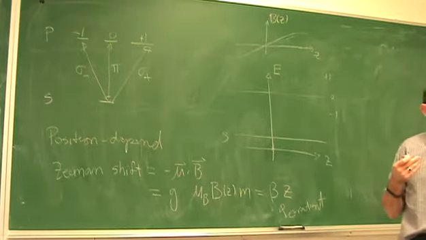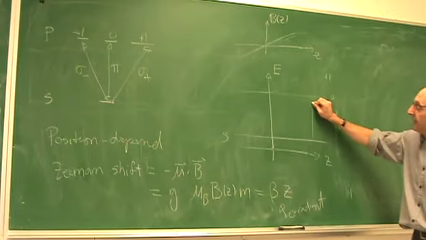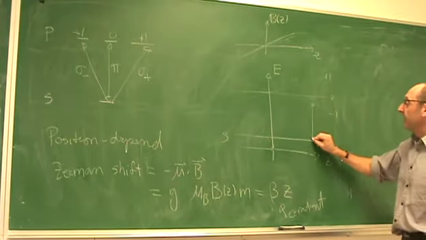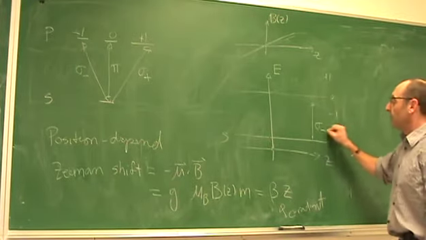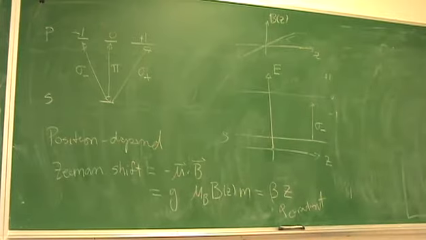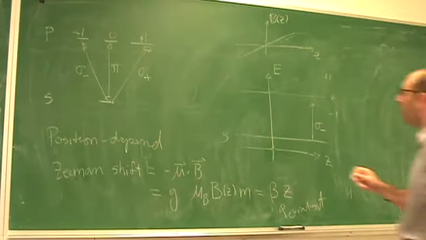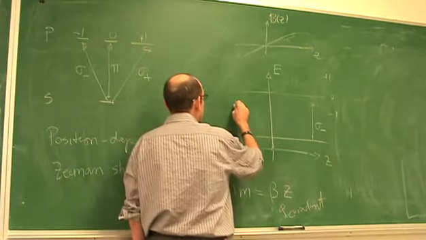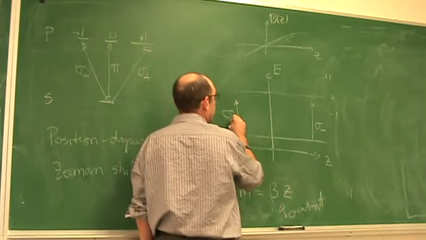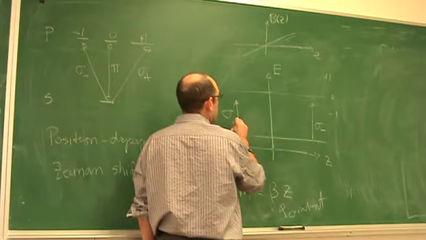So if I detune to the red, this will be resonant with sigma minus light. And if I'm out here, this will be resonant with sigma plus light.